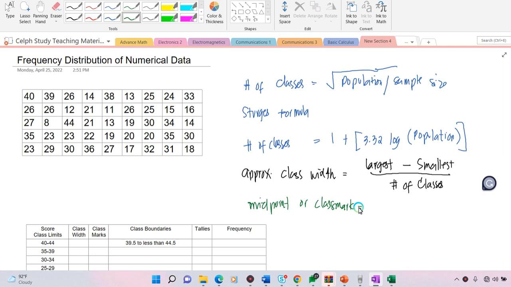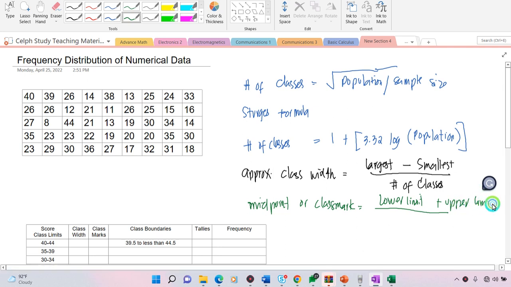Since we are considering a midpoint, we just add our lower limit and our upper limit, then divide by 2. So that is your lower limit plus your upper limit, then divide by 2. This is now your midpoint.